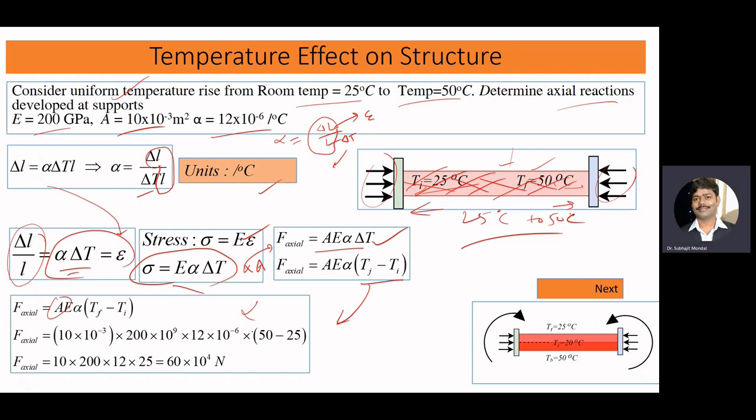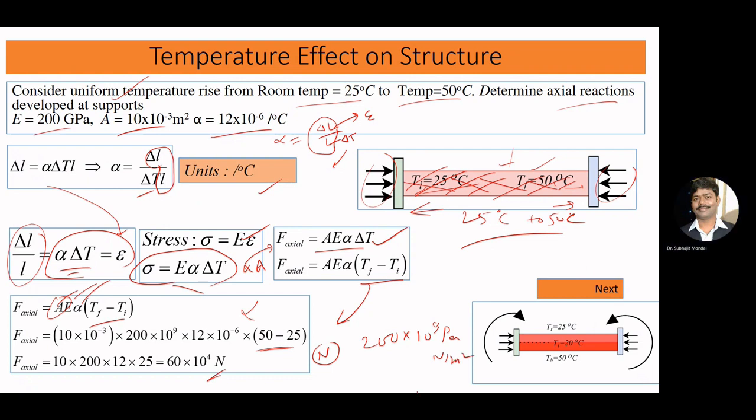If you put in the values of A, E, alpha, and delta T, which is 25 degrees Celsius, you can identify the axial force. The unit of the axial force will be Newton, because all the units are in meter square. Here you can see 200 GPa, which means 200 times 10 to the power 9 Pascal, and Pascal means Newton per meter square.